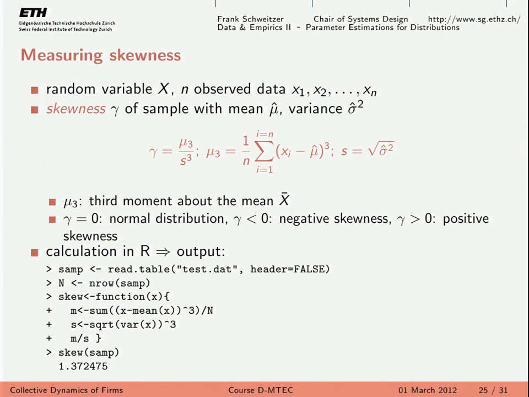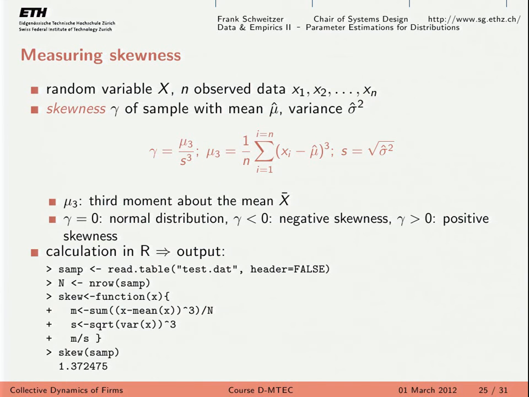So very easy to understand, right? So you learn a bit of R here. So we first define the m, the s, and then we divide the m by the s. That is how the function skew or gamma is defined. And then I just run this function on my sample. That means I read in all this data, and this is the number I get. So what's the result of this?